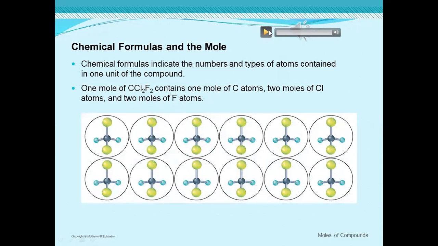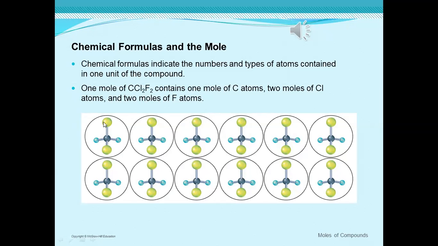Okay, so this is the chemical formula of this compound. It consists of 1 carbon atom, this carbon atom, because it's 1. 2 chlorine atoms, this and this. And 2 fluorine atoms, this and this.